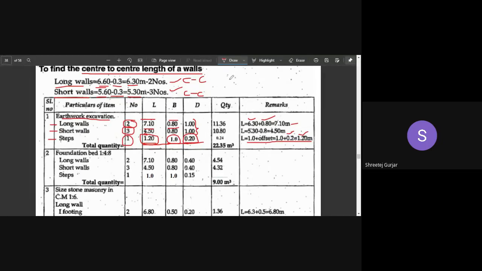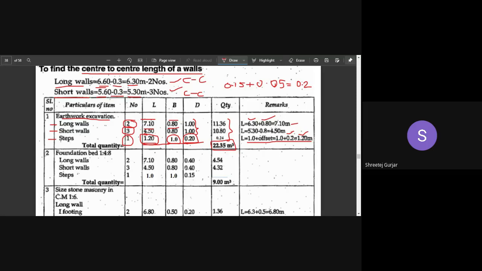The PCC bed I have shown you was given as 0.15, and the thickness which they have not given, we assume as 0.05. So the depth of our excavation required for steps is 0.2. So adding up all of these quantities, we get the quantity in excavation which is required.